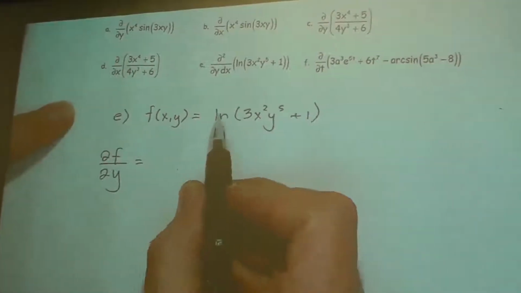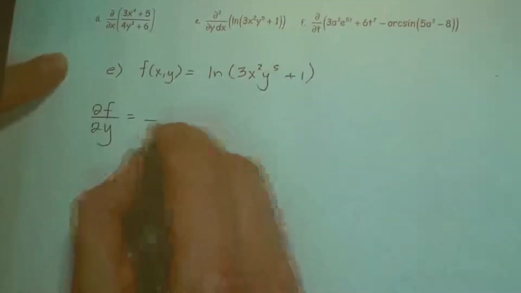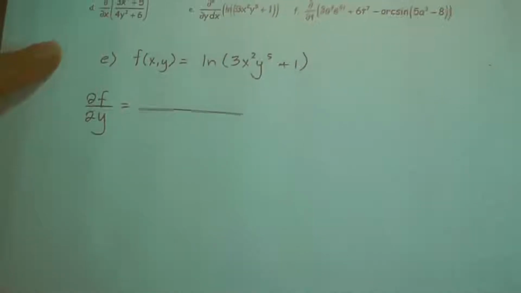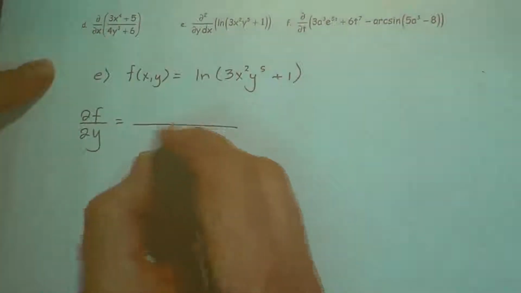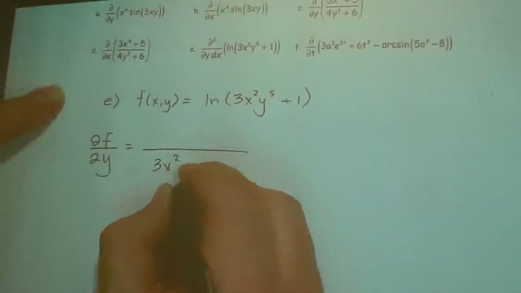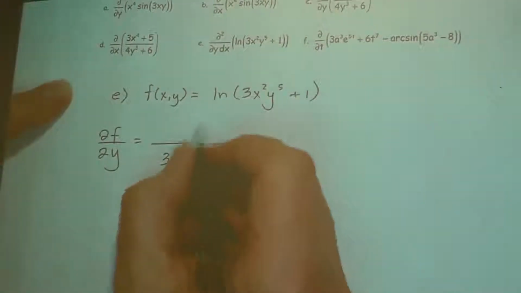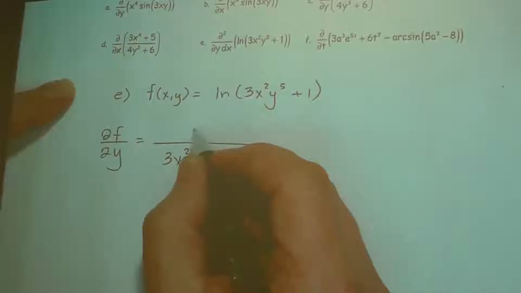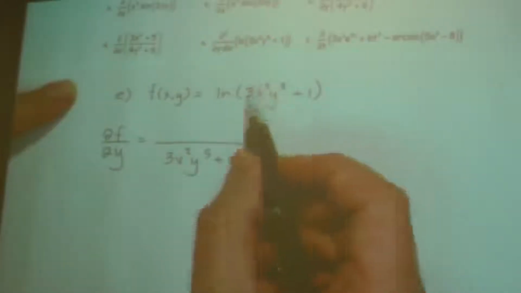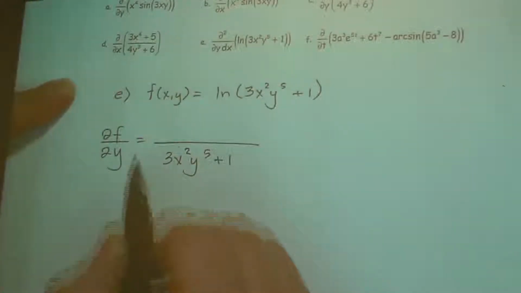So the outer function here is a natural log. Natural log makes me do 1 over the argument. That's the derivative for natural logarithm. And then times, so instead of putting 1 up here, I'm going to put my chain rule multiple on the top. The inner derivative here needs to be done with respect to y.